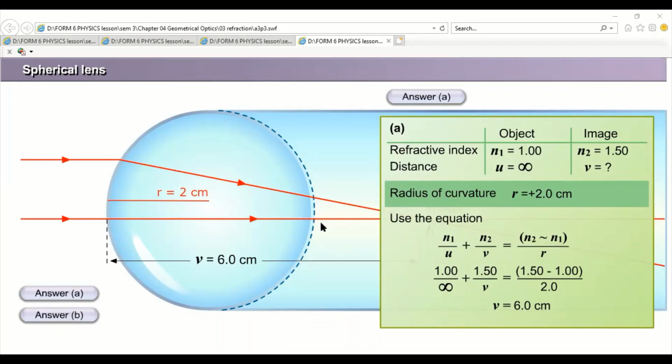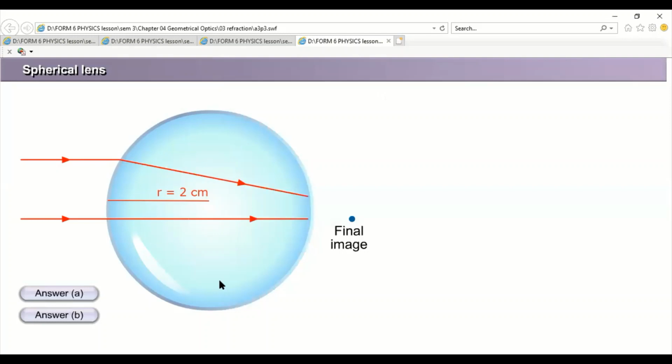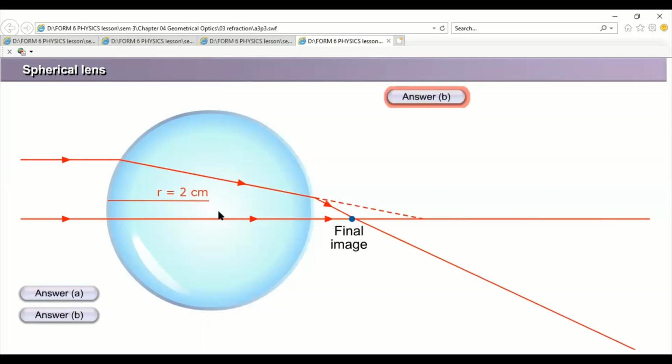This means that the image will be another 2 cm outside the curved surface, 2 cm outside the curved surface at the other side. Okay, so let's see. Once the first light ray passes through the curved surface, the first image forms 6 cm away because here it will be a virtual image.